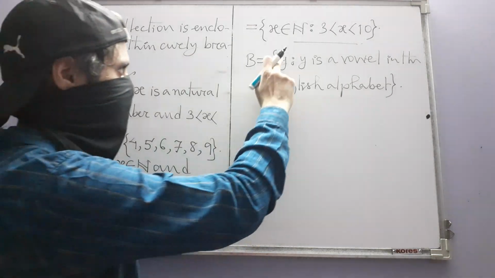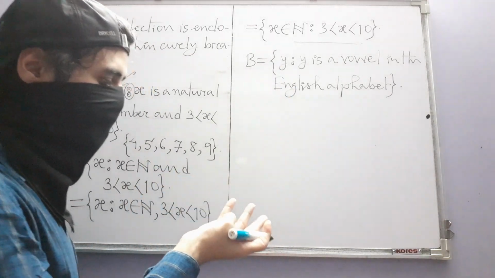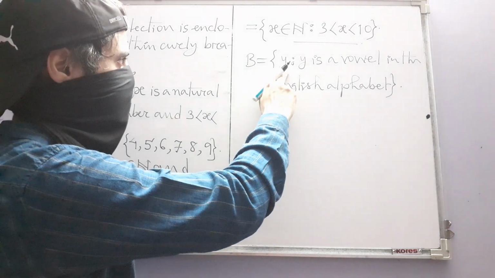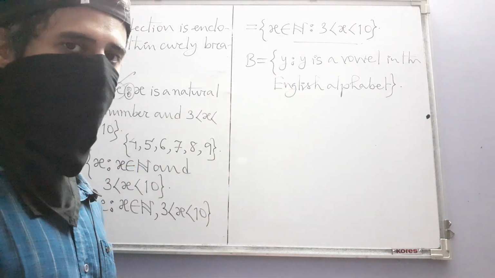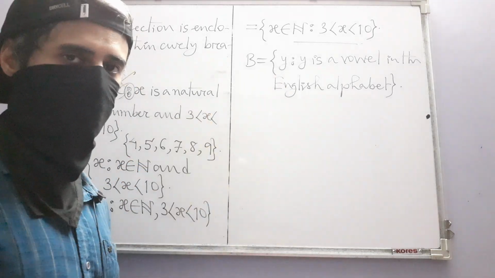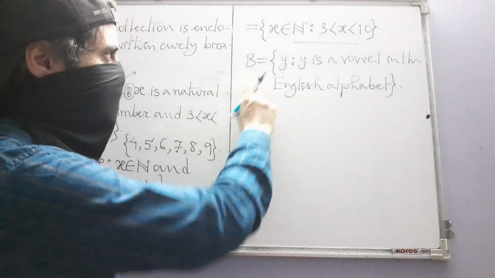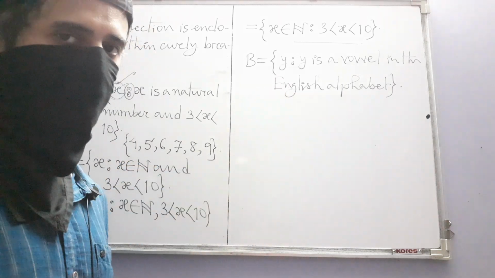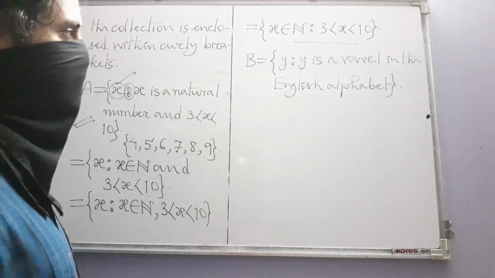However, do not write here a, e, i, o or u, because if you do that, it is no longer a variable. This y is denoting all of those vowels simultaneously. However, you do not write a vowel itself here. You write anything else, okay?